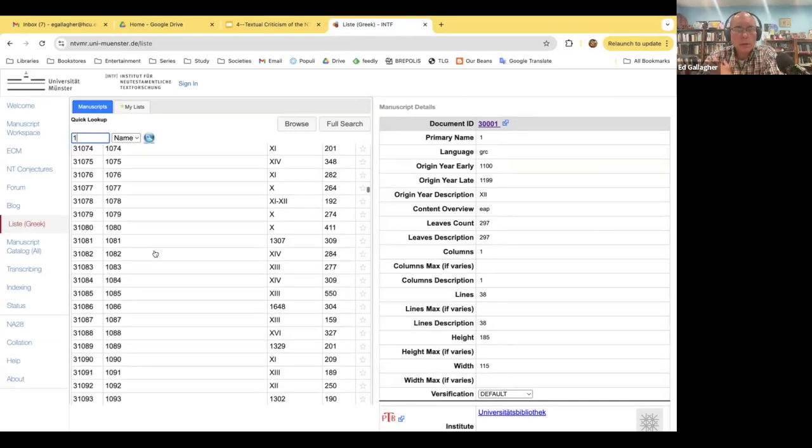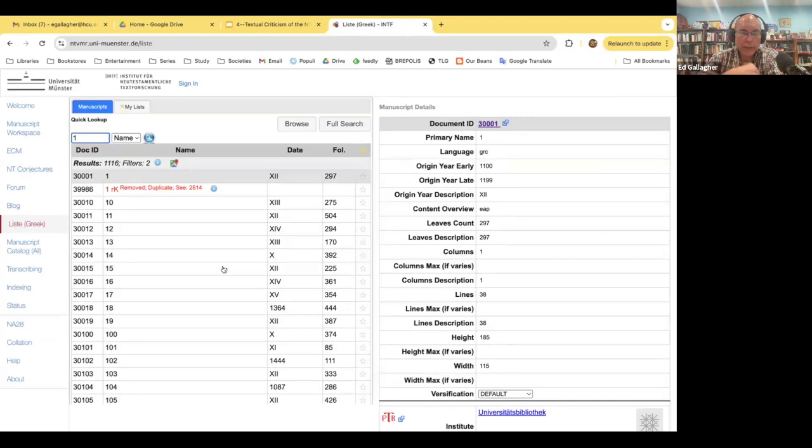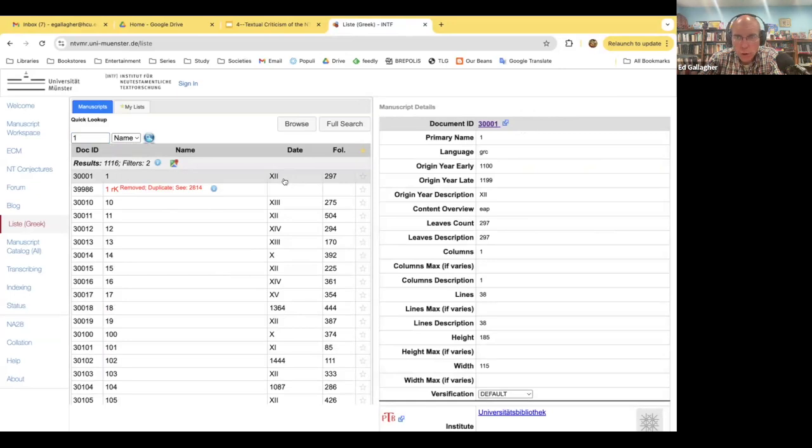So again, you can take a look at just information about it. This one, Codex 1, they say is from the 12th century, and you can see what the content is. EAP, they say. So E, that's Gospels. Acts is the A, and then the P stands for Paul.